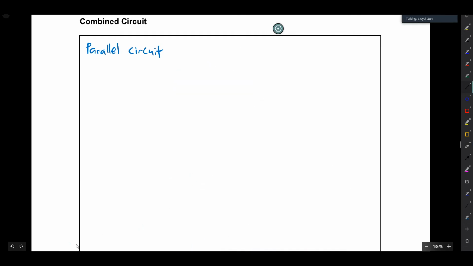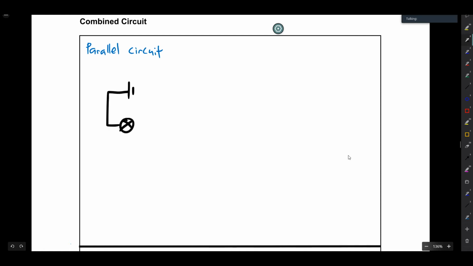Let me make everything look nicer. So you should have a circuit with 3 light bulbs.